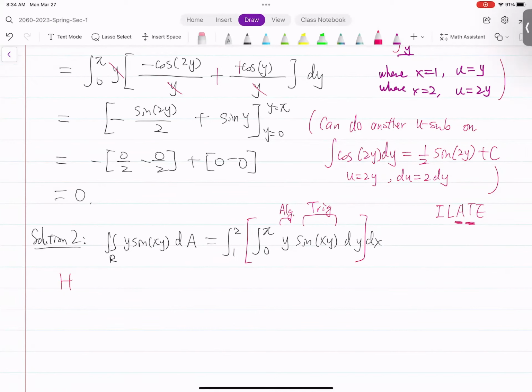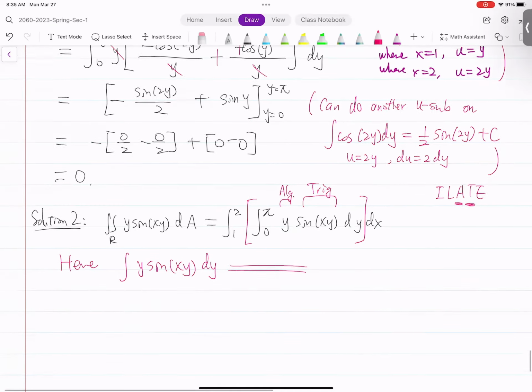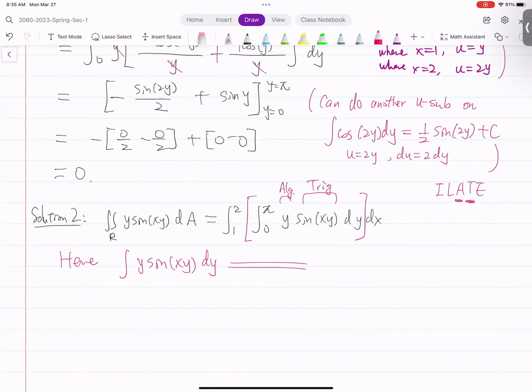Let me put it in red. If we integrate y sine of xy dy, probably in Calc 2 you have done it in a slightly different notation, but either way is fine, whether you write everything on the right hand side or above and below the equal sign. So u is going to be y, and dv is the rest, sine of xy dy.